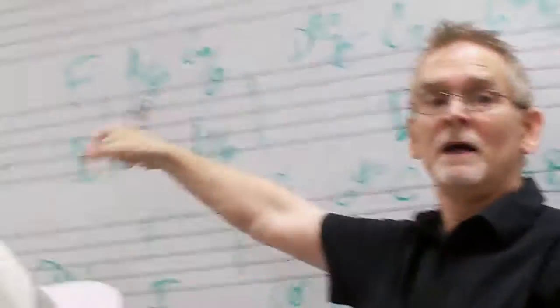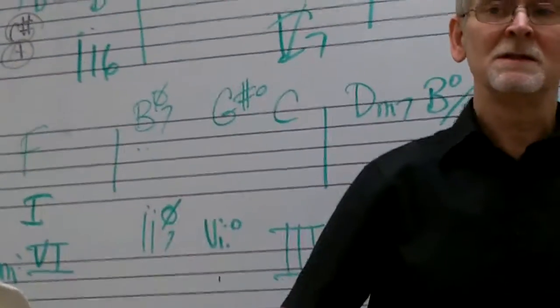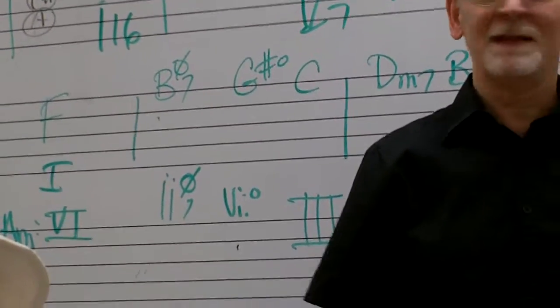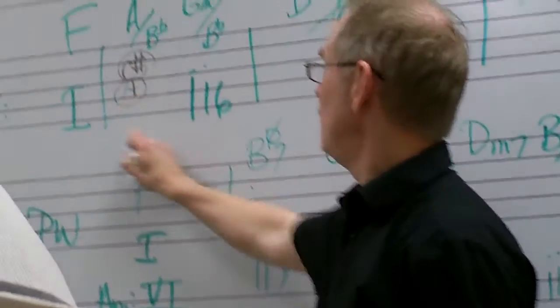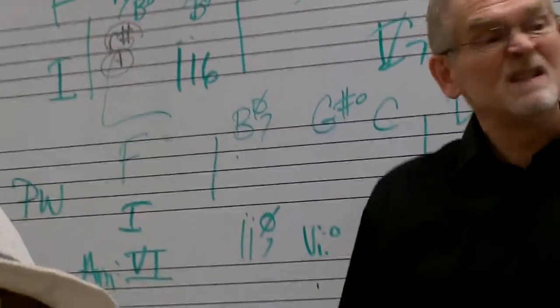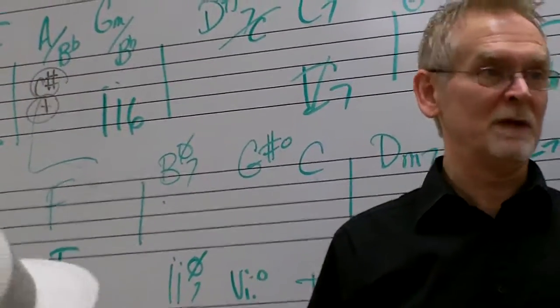So, when something is chromatic linear movement, the non-chord tones accidentally create real harmony. But that's not the point. So, you don't give it a functional analysis, because it's non-functional. It's strictly linear movement.